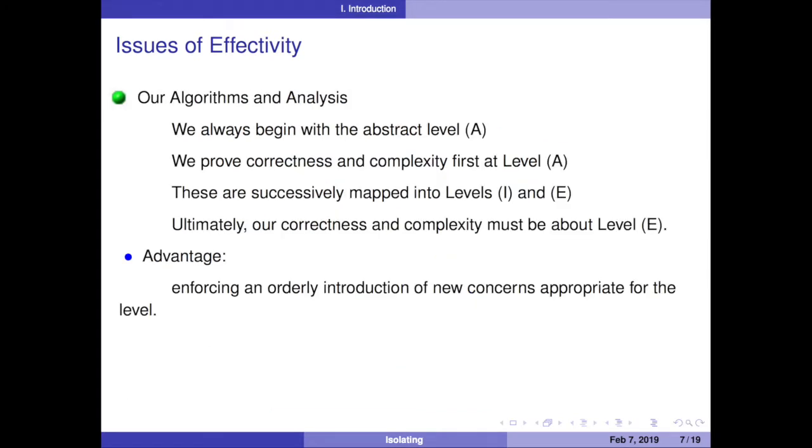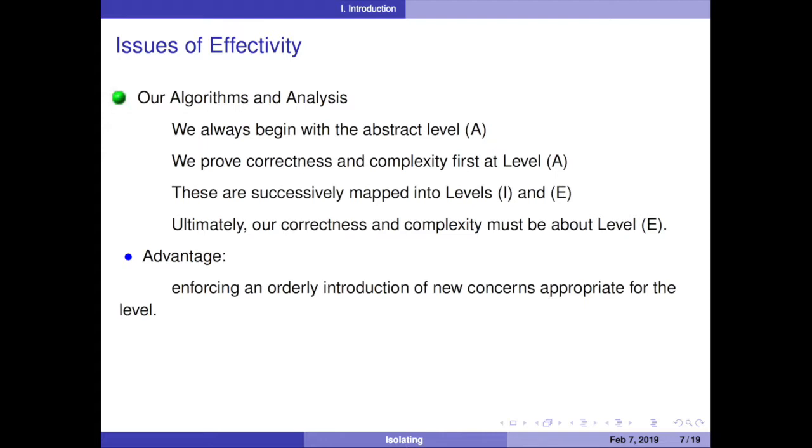So our algorithm, in summary, our algorithms and analysis, both, we always begin with the abstract level. We have to understand what abstractly is going on. And then we prove the correctness and complexity at this abstract level. And then we try to map it into the lower levels, into the effective interval level and into the effective level.